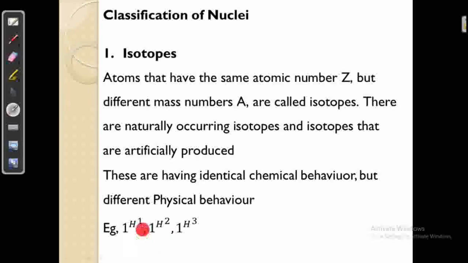Here we have 1 neutron and 1 proton, and the mass number is 2. This is known as deuterium. The next one is tritium. It has two neutrons in the nucleus, one proton plus two neutrons, so it is known as tritium. This is a very good example for isotopes.